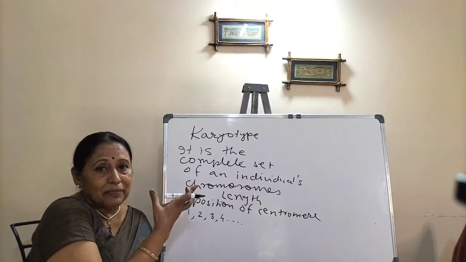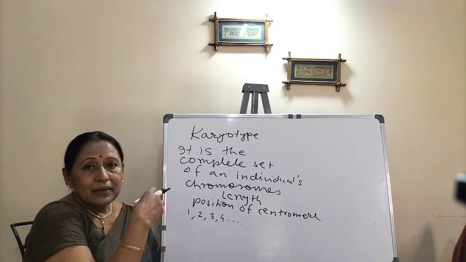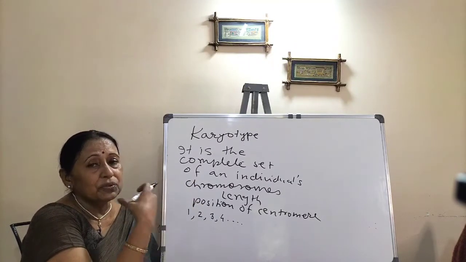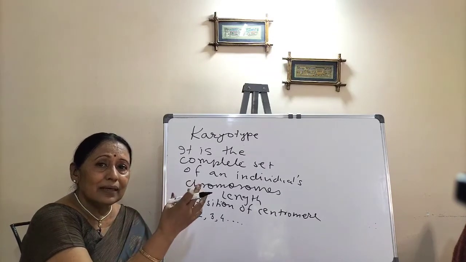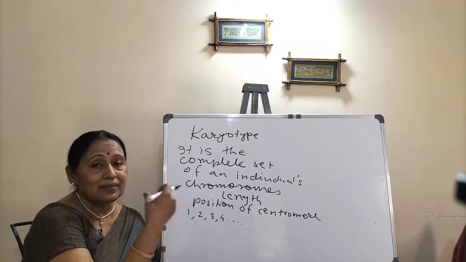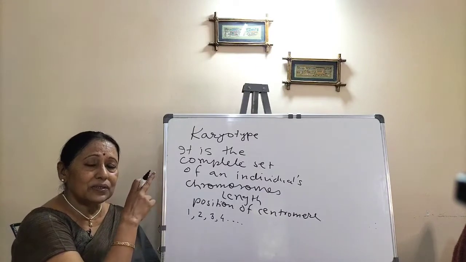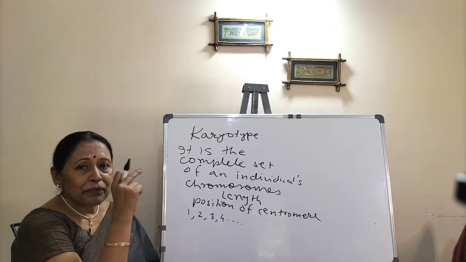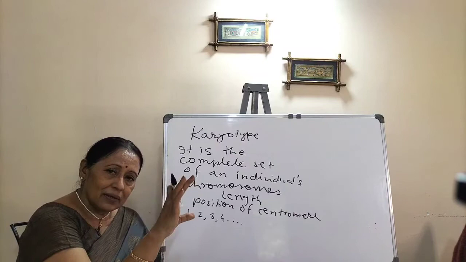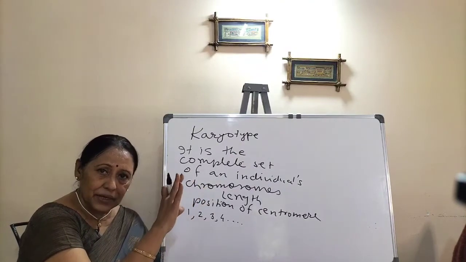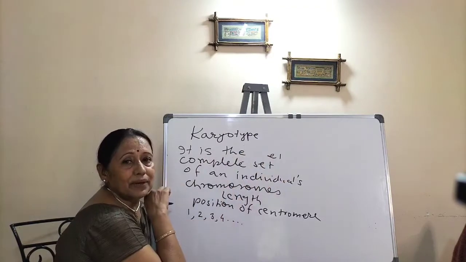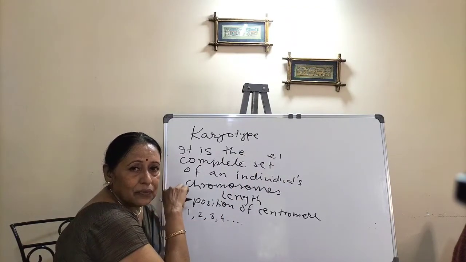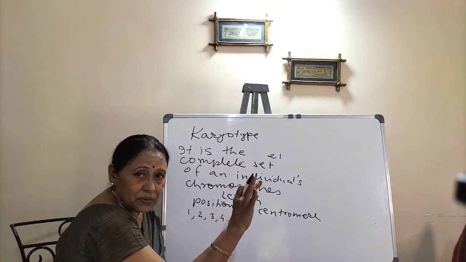Karyotyping study helps in many things like it helps in the study of chromosome aberrations. It helps in the study of evolutionary history. Few questions asked on karyotyping is like you are given the photograph of the karyotype and then so this is chromosome number 21. We are having 23 pairs of chromosomes.